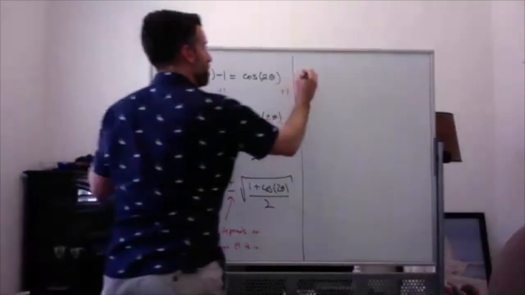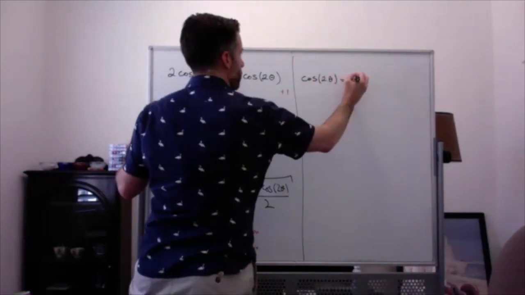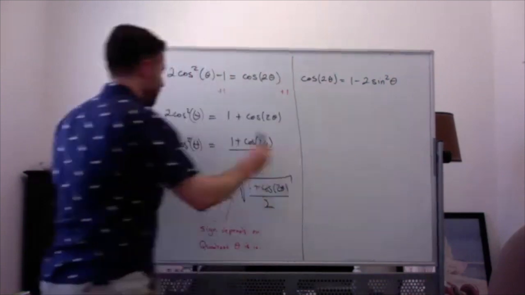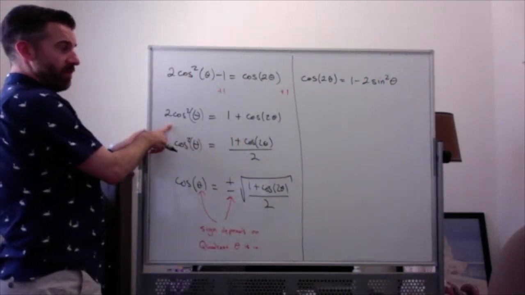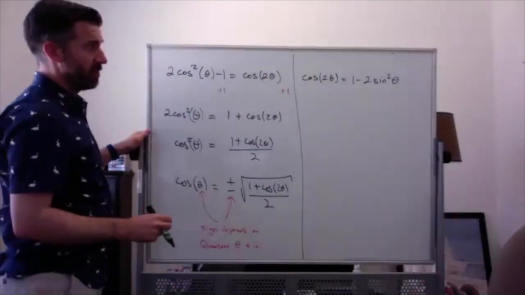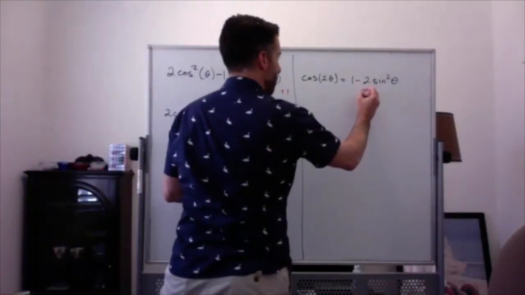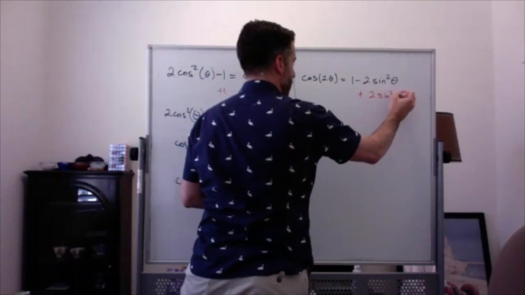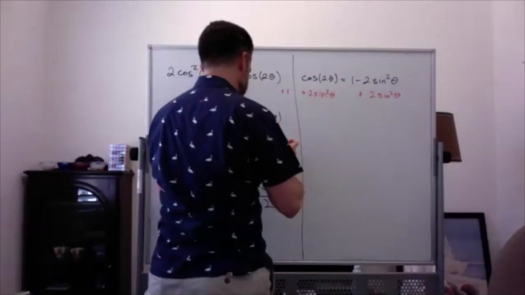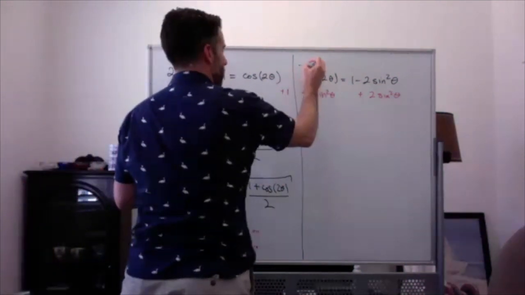So cosine of 2 theta equals 1 minus 2 sine squared theta. And just like here I solved for cosine of theta, here I'm going to solve for sine of theta. First things first, I'm going to add 2 sine squared theta to both sides. And I'm also going to subtract cosine of 2 theta from both sides.